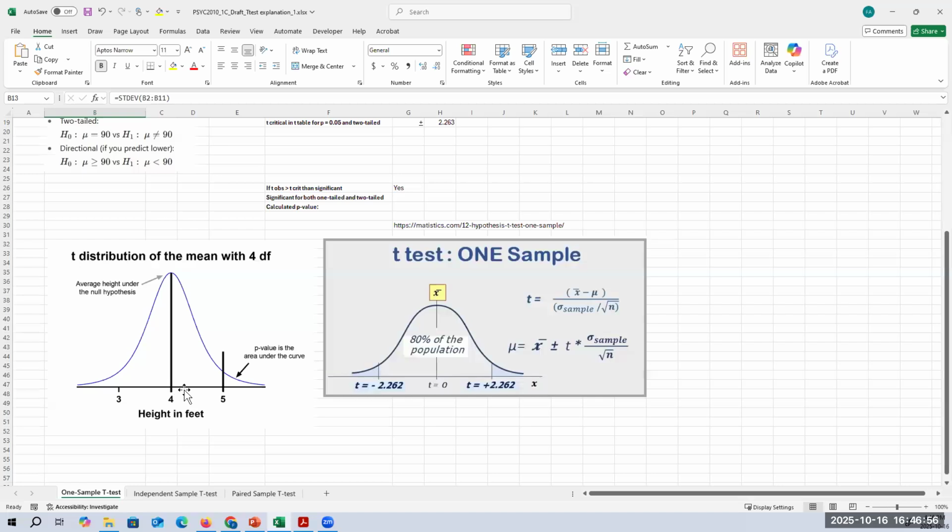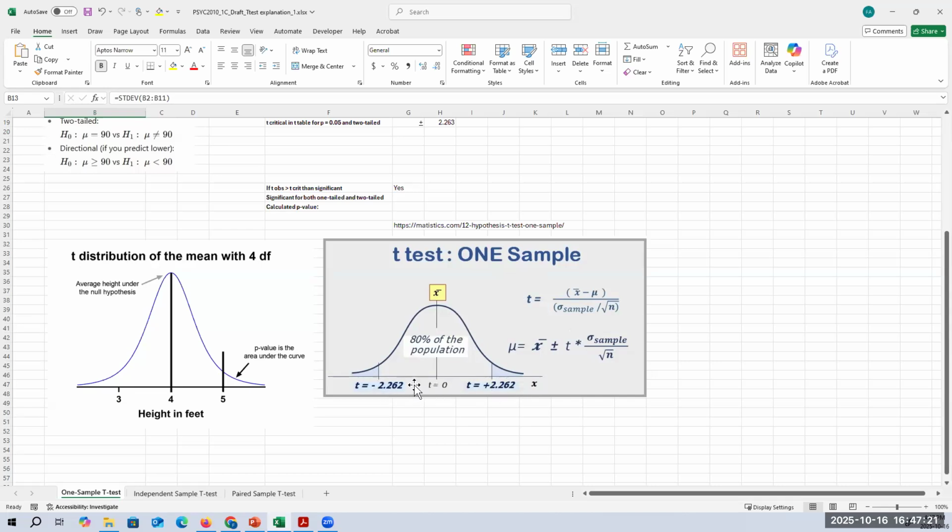And if your score is significantly, in standard deviations, further away from that mean, based on a t-critical value, then you can say that it is significant, right? So the probability is the area under the curve. So here we have a t-test of one sample, and you can have a critical value here, 2.26, and negative 2.26.